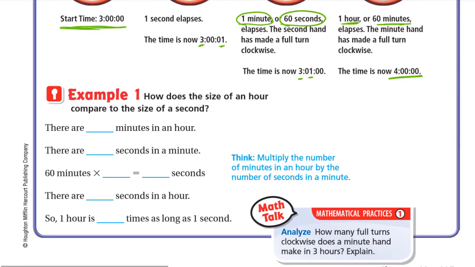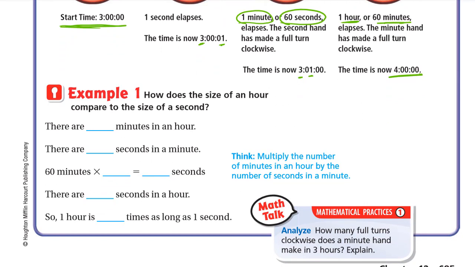Now, for example 1: how does the size of an hour compare to the size of a second? We know that there are 60 minutes in an hour and 60 seconds in a minute.